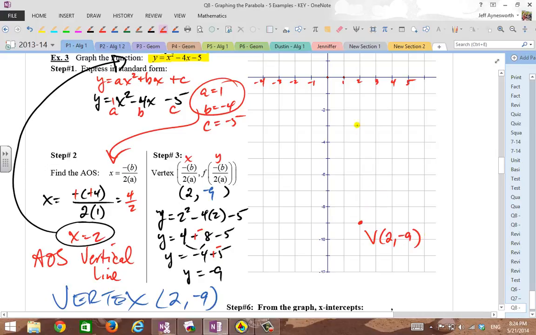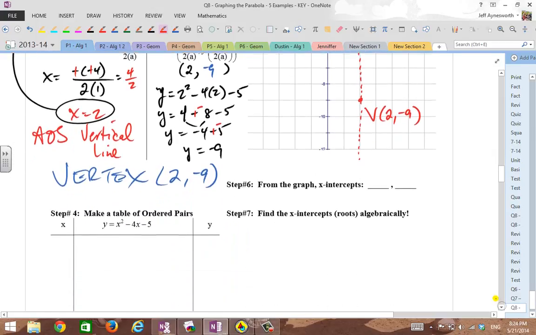And let me see, my axis of symmetry is x equals 2. It's a vertical line, as we've been discovering all through my 3 lessons and through every single example. This is a vertical line passing through 2 on the x-axis. And I use that to reflect points because I know about parabolas and the fact that they're symmetrical.